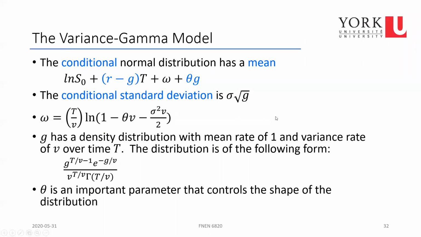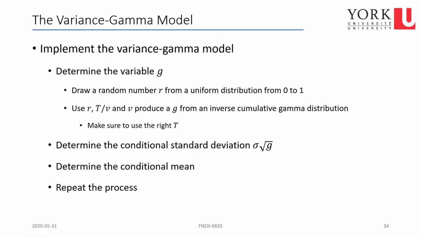Now you have your mean and your standard deviation for the normal distribution, and then out of that normal distribution, you can draw random numbers, and those random numbers will give you the random change of value. Then you repeat this again and again.